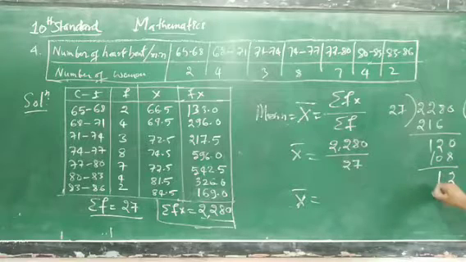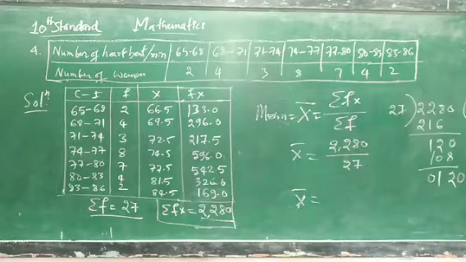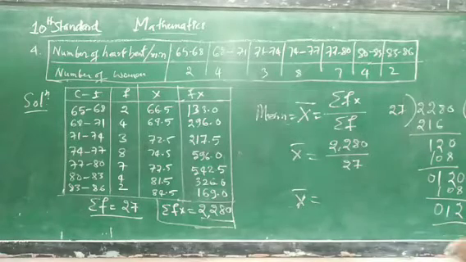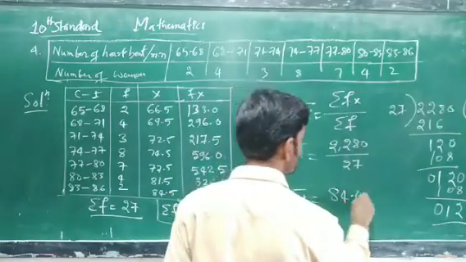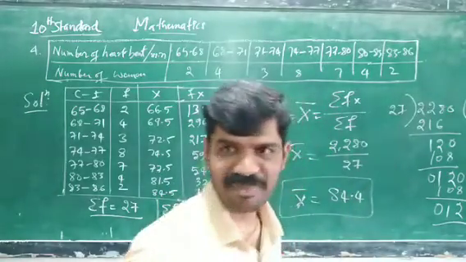2, 1, 0. Point, that is 120. 27 into 3, 81. 27 into 4, 4, 198. Okay, 27 into 84, that is 198. So 2, 1, 0. Again, total remainder. 84.4 is the answer. 84.4 is the answer, and this is the mean, dear students.